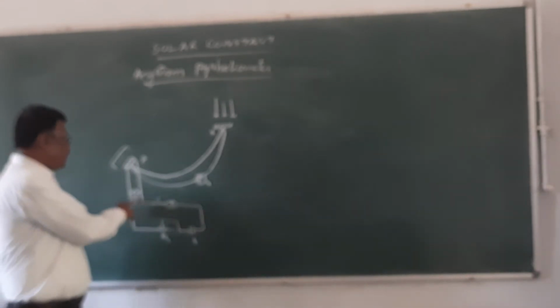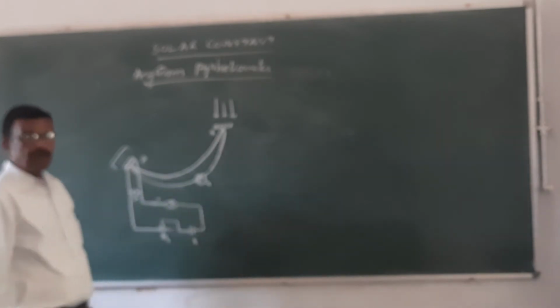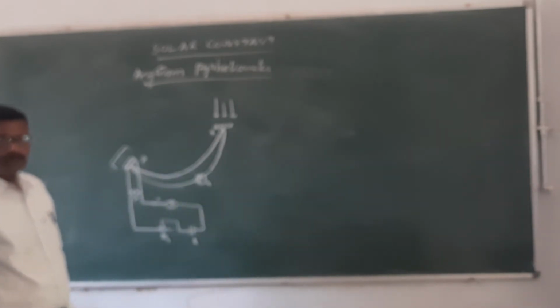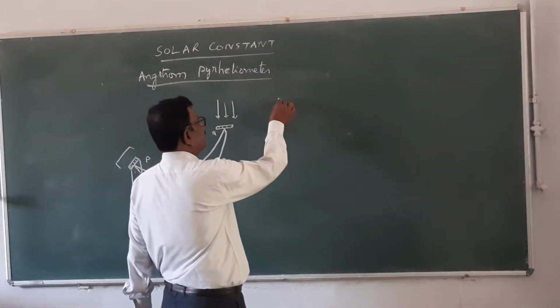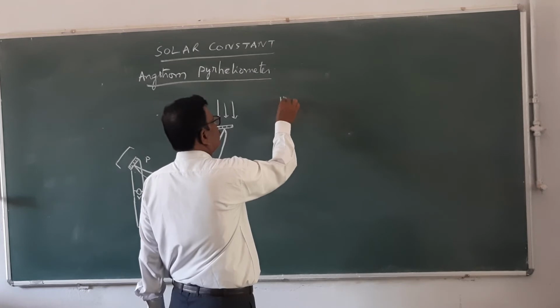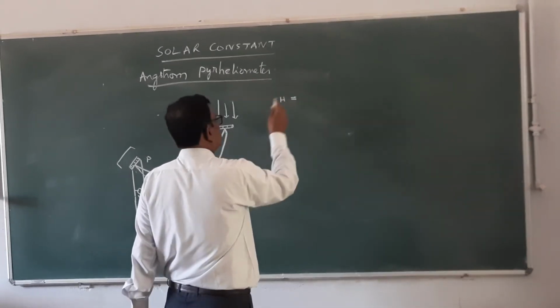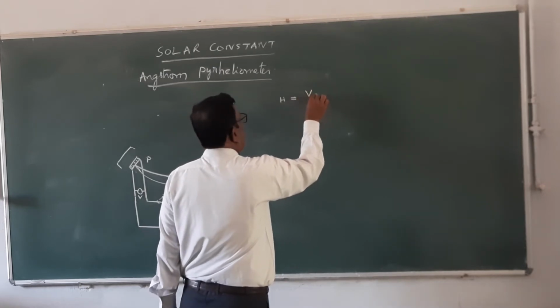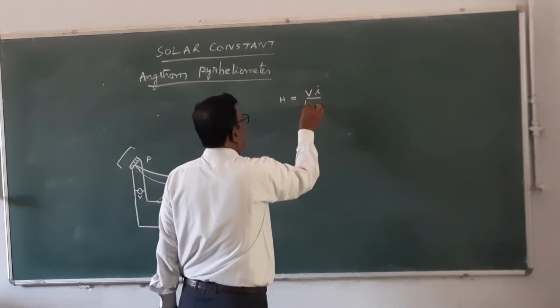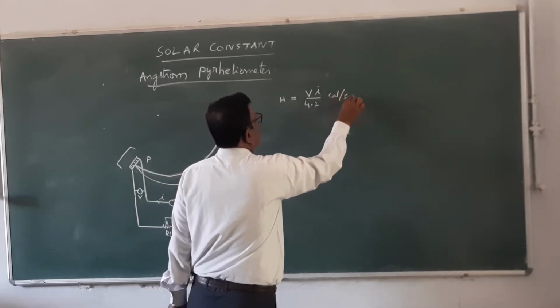If V is the potential difference and I is the current passing through the foil P, then the amount of heat radiation received is equal to VI divided by 4.2 calories per second.